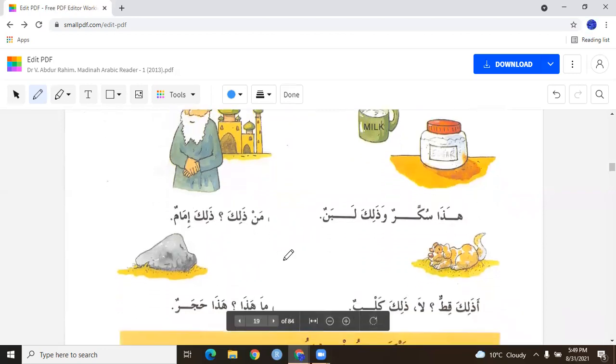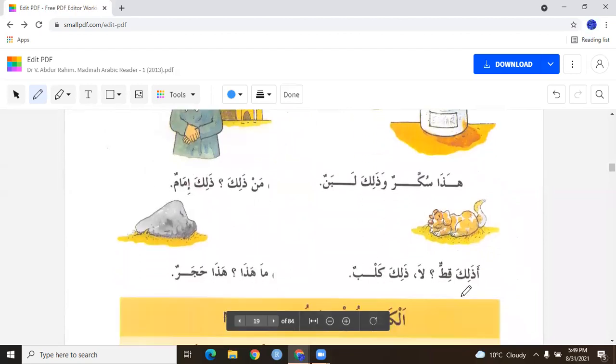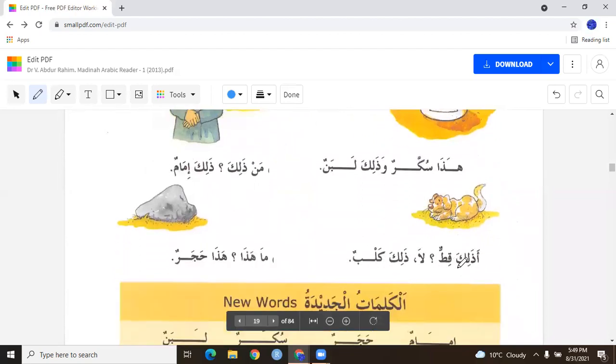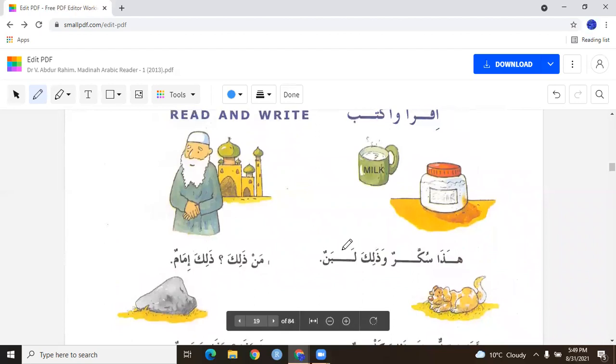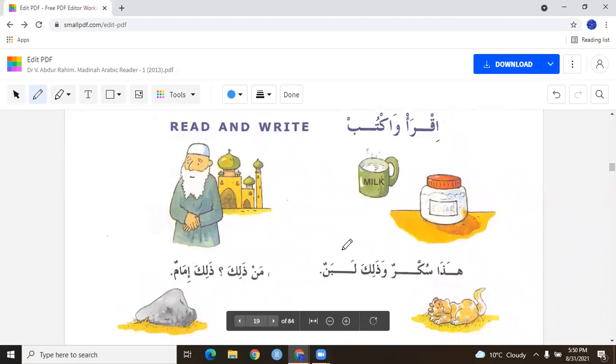That is an imam. Very good. أذلك قط؟ Is that a cat? لا ذلك كلب. No, that is a dog. ما هذا؟ What is this? هذا حجر. This is a rock. Very good. So this is read and write. So I need you to write this down when you are reviewing, okay?